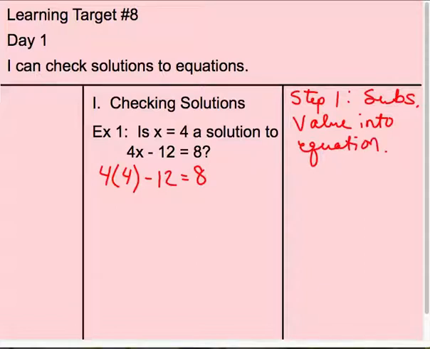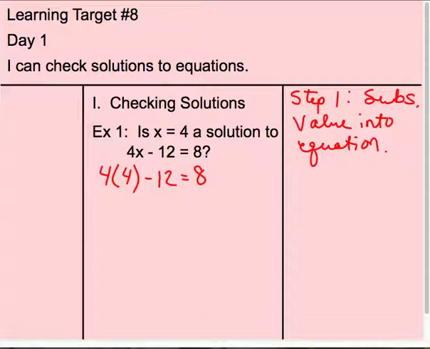All right, after we have the value substituted, we use order of operations to simplify both sides of the equal sign as necessary. In this case, the right-hand side of the equal sign is already simplified, it's 8. So looking at the left-hand side of the equal sign, I have 4 times 4 minus 12.